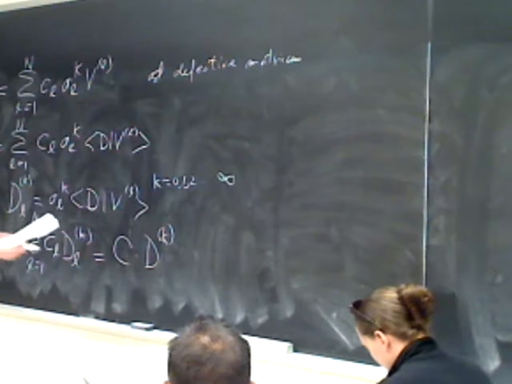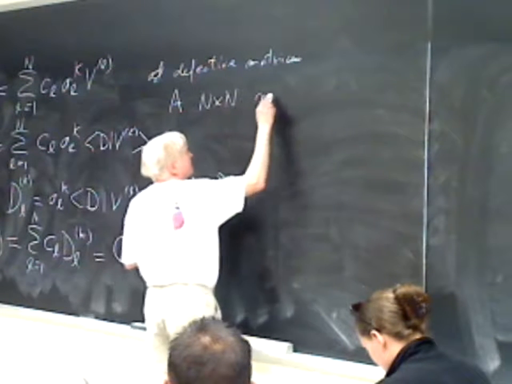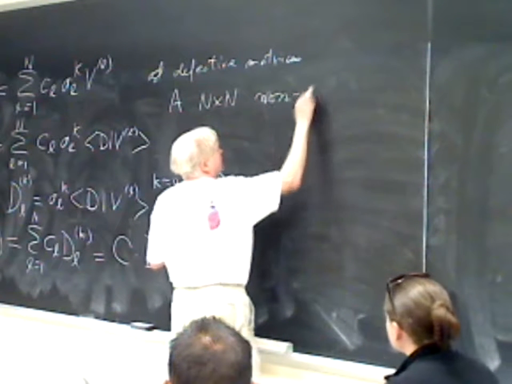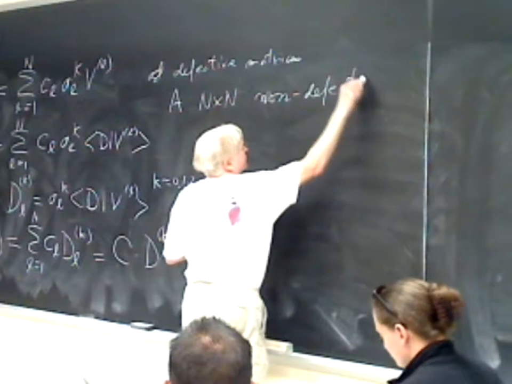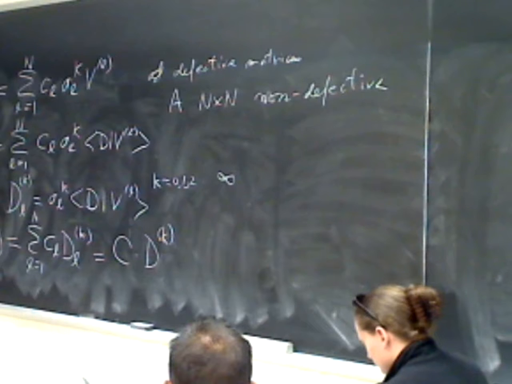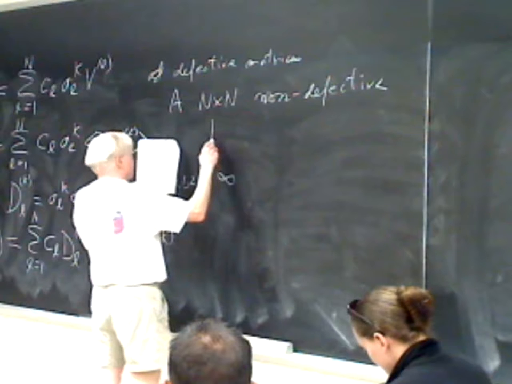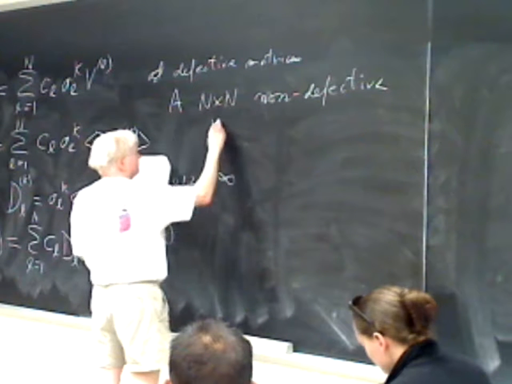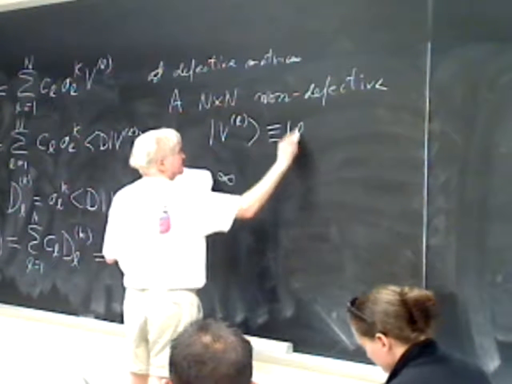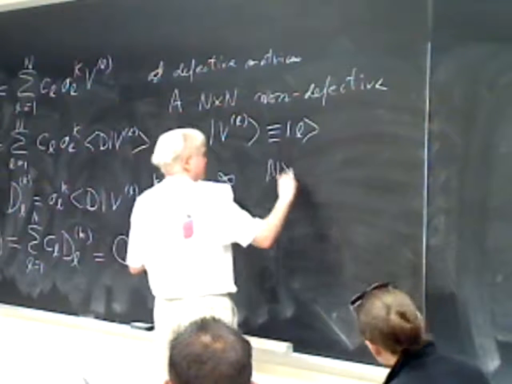All right, so suppose A is n by n, and it's non-defective. In other words, its eigenvectors are linearly independent. Then we can use its eigenvectors, call these simply L, to define the columns of an n by n matrix S.